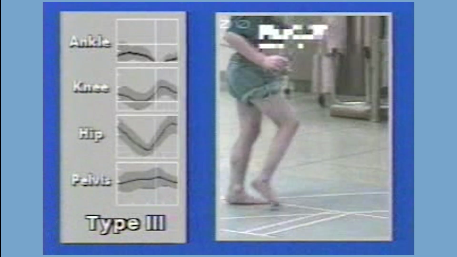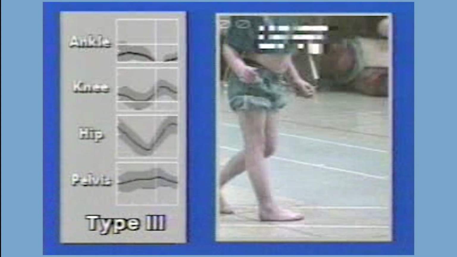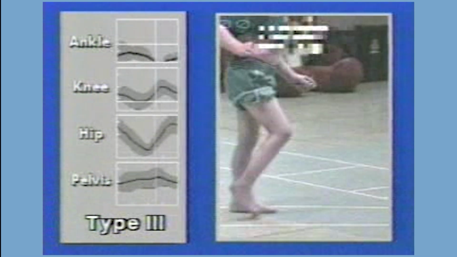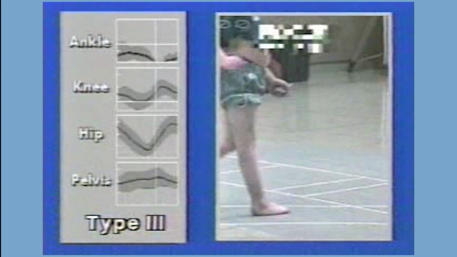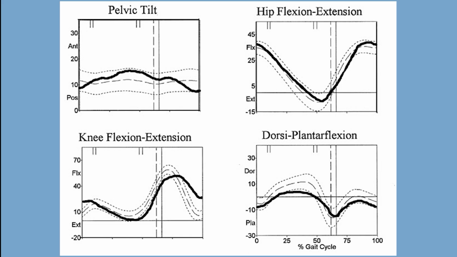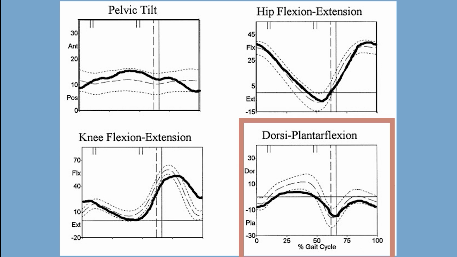Some of the children compensate by vaulting on the other side, or if they are older children, they do circumduction, which is visible on the kinematic charts in the axial and in the transverse plane. Examine the kinematic chart. If you look at the ankle, for example, it is almost similar to type 2 hemiplegic cerebral palsy.